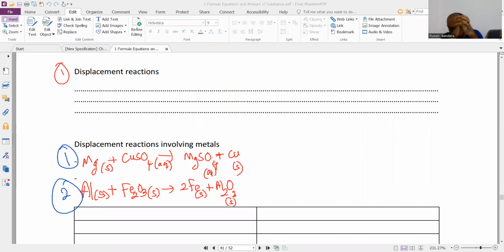Reaction 1 takes place in aqueous solutions. And reaction 2 involves solids.